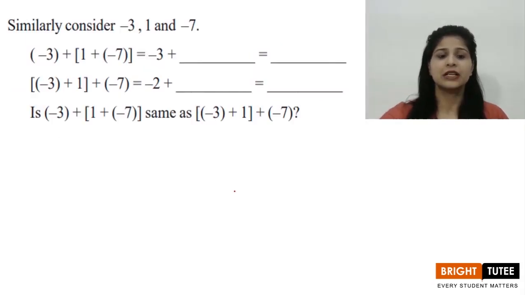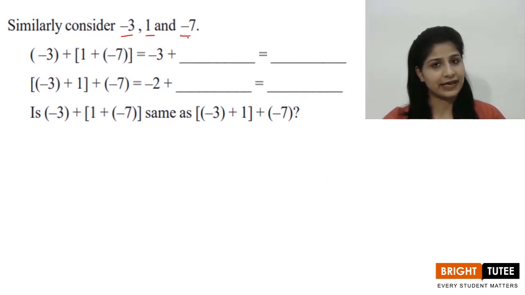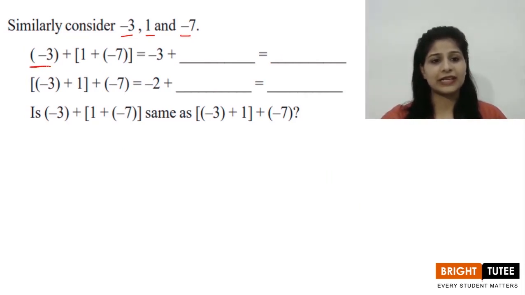Let us now again consider 3 integers, which are minus 3, 1 and minus 7. Let's first solve this one. We have minus 3 and we have grouped together 1 and minus 7. We are doing the addition of 1 and minus 7. So we will get minus 3 plus, what will be 1 plus minus 7?